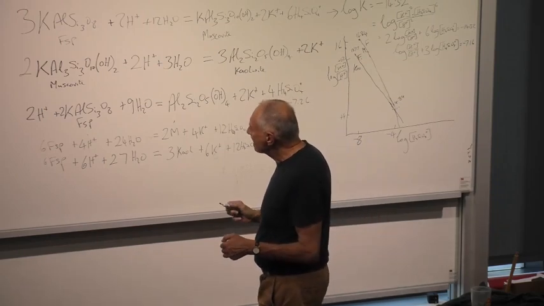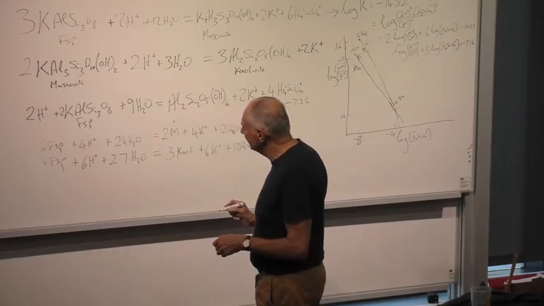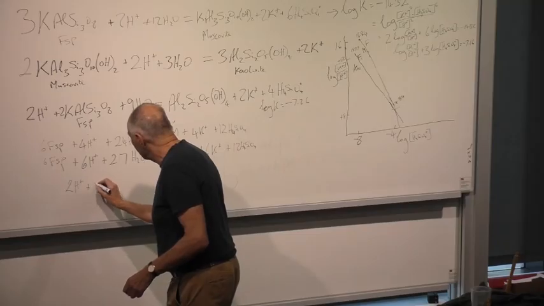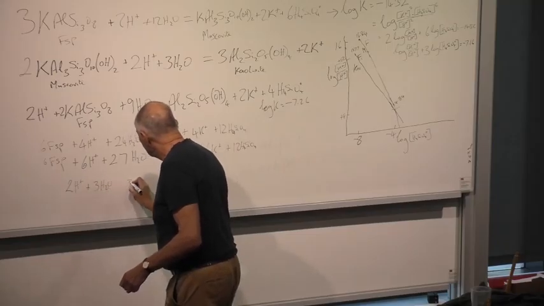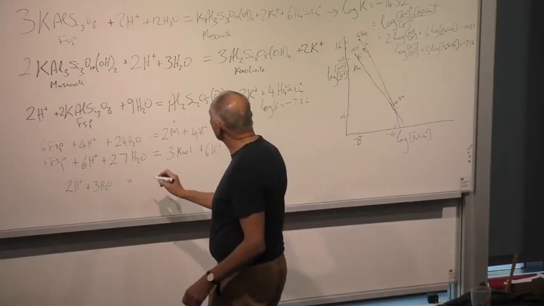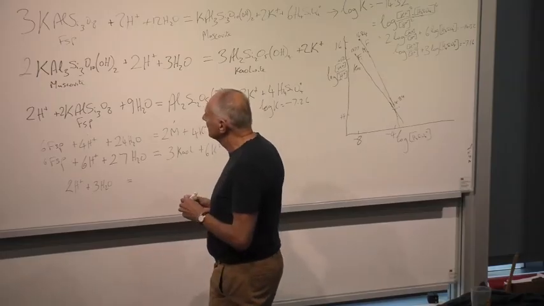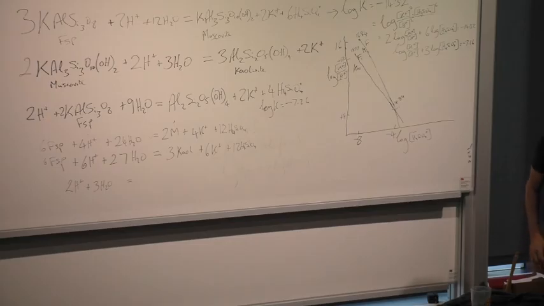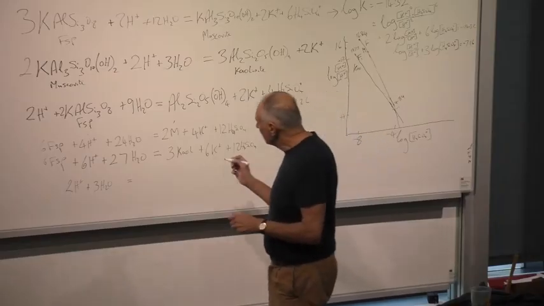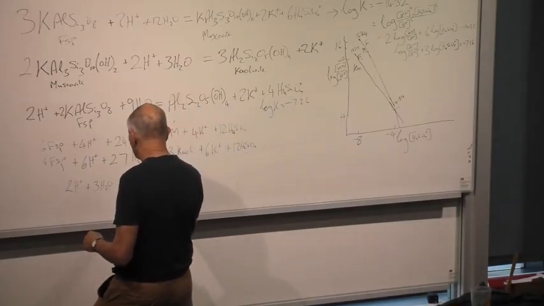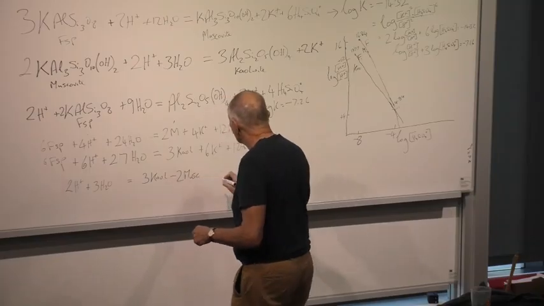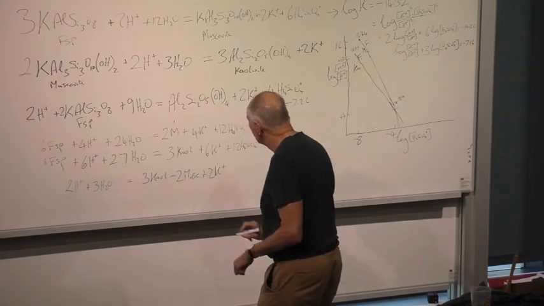So we subtract, or we can do it either way around. Let's subtract this one from that one, and we'll get 2H plus plus 3H2O equals 3 kaolinite minus 2 muscovite plus 2K plus, and the silicas disappear.